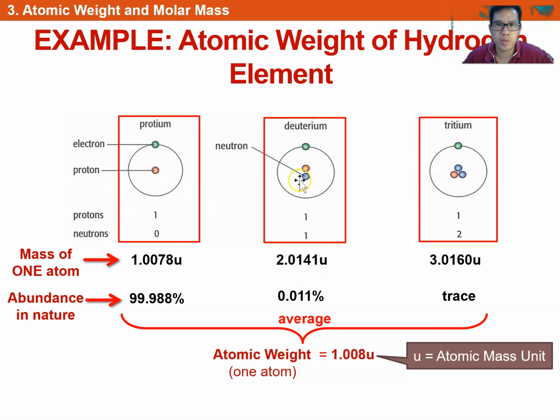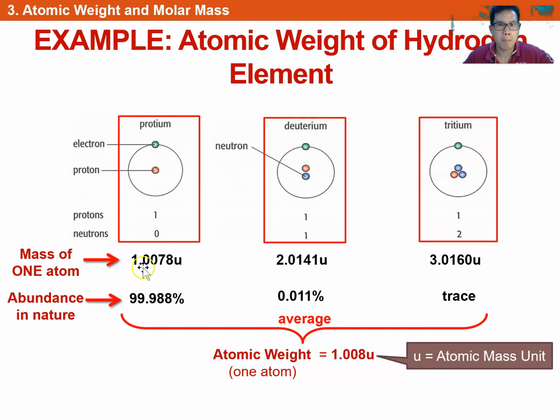The weight of the neutron and the proton is 1 U, and the electron is 1/1873. And here you add up the weight of one proton, two neutrons and one electron, so it will be 3.0160 U.